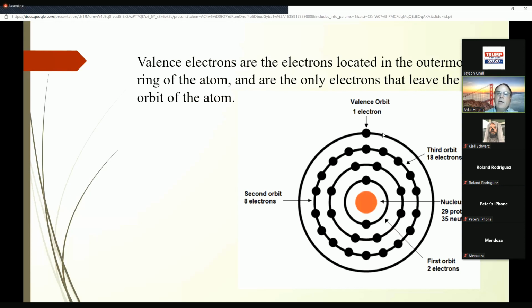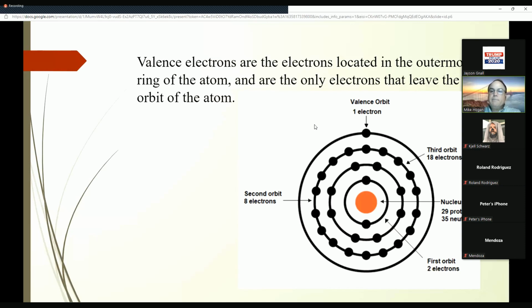Now, notice that we have one electron in this outermost shell, which we'll call our valence shell or valence orbit. In the outermost shell, there's only one electron. What that means is this one electron is loosely held. It is easy to cause this electron to move from this atom to another atom.